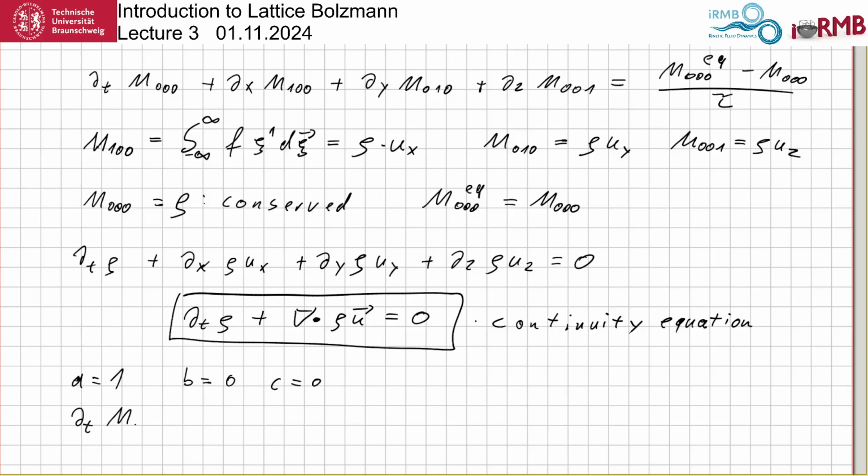Then we'll have M100 plus dx M200 plus dy M110 plus dz M101, and on the other side we have M100 equilibrium minus M100.